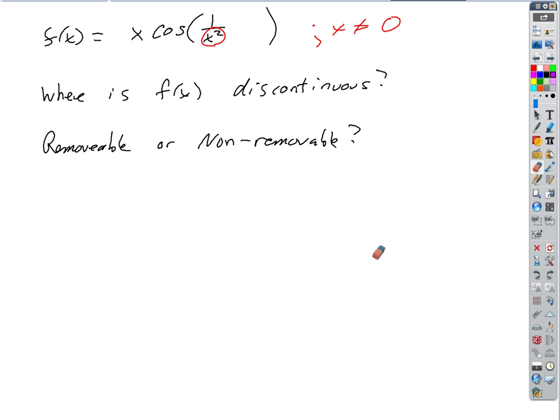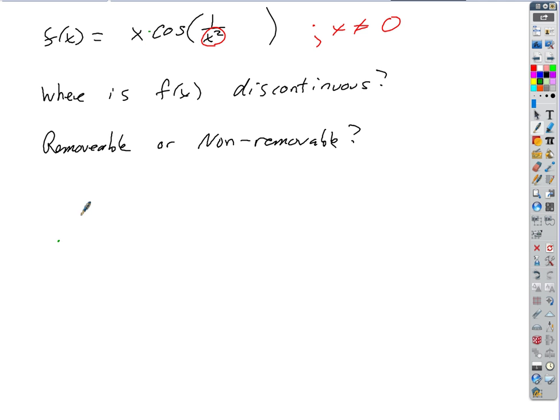You got to kind of think about this now in terms of the scale of these two parts. We've got an x times a cosine of 1 over x squared, right? Cosine of 1 over x squared, even though it's going to oscillate wildly, it's only going to go between -1 and 1, right? What's x doing as x approaches 0?